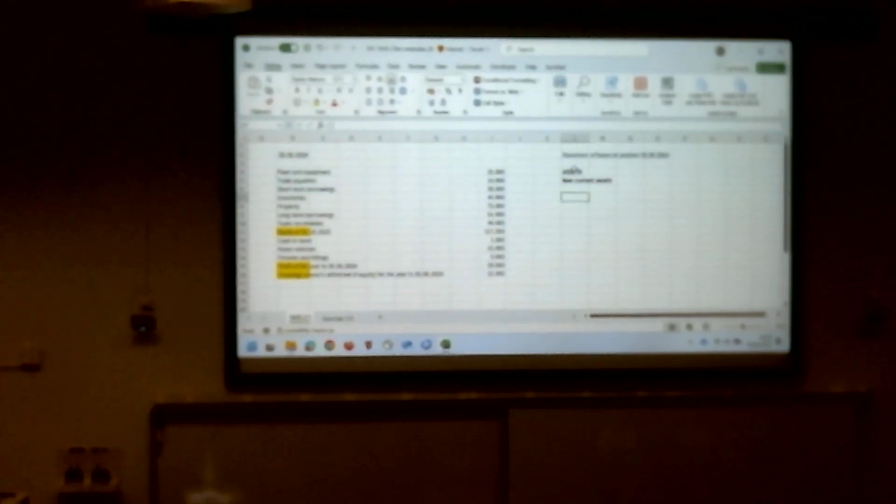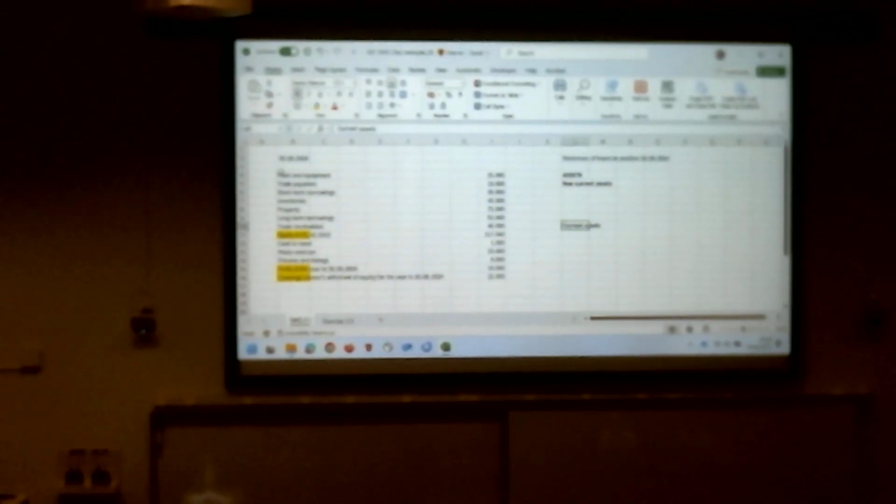And then, if there are non-current assets, there are probably current assets as well. Okay, then let's maybe start with these things. What do I have to put where?